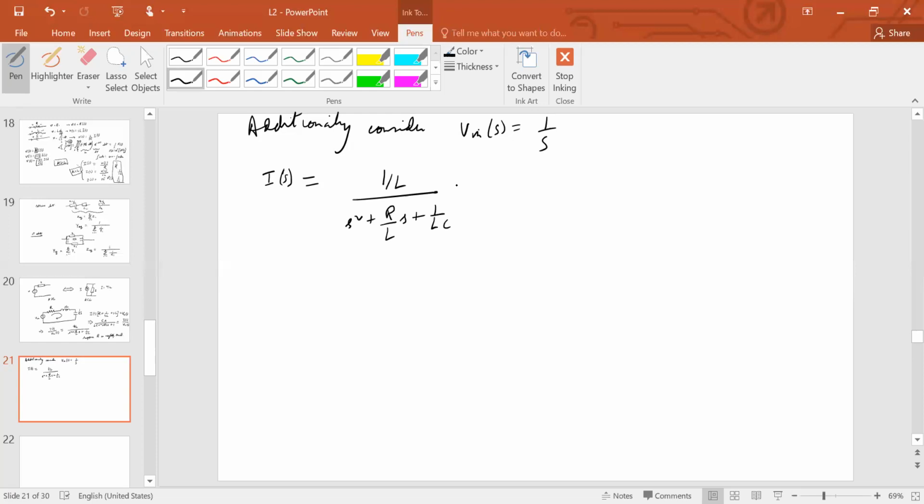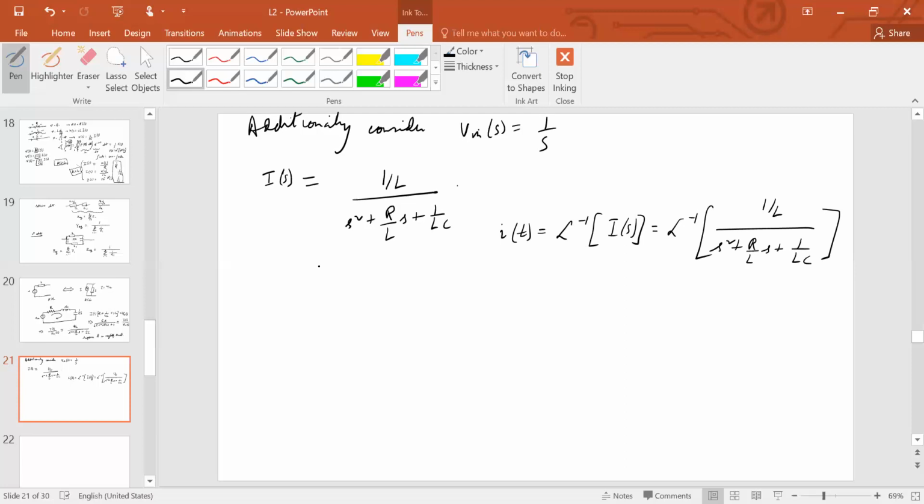So in that case, what would i of t be? It is the Laplace inverse of I of S, which is the Laplace inverse of S by L upon S square plus R by LS plus 1 over LC.